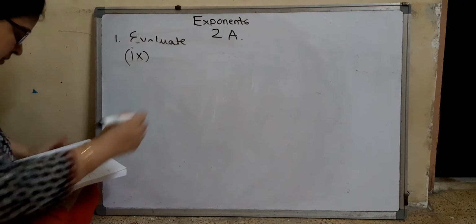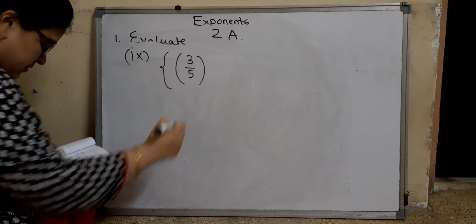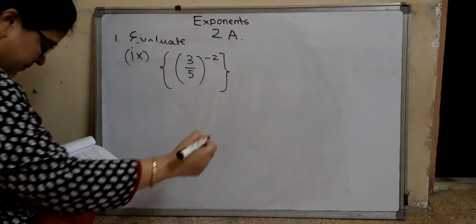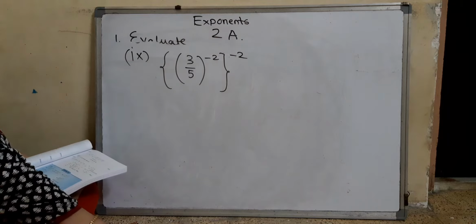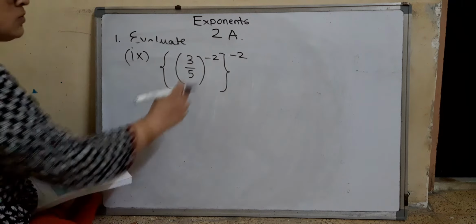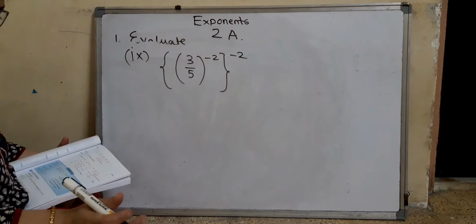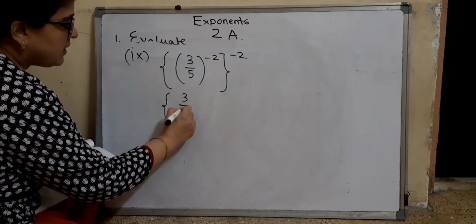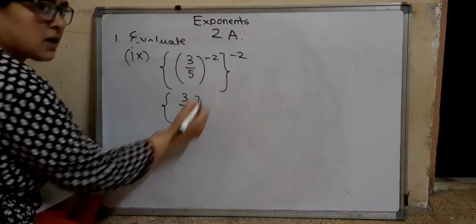Ninth sum. (3 upon 5) raised to minus 2, raised to minus 2. Now this is a bracket. Whenever there is a bracket, there is multiplication of the powers. So first of all, 2 2s are 4, and minus minus become plus.